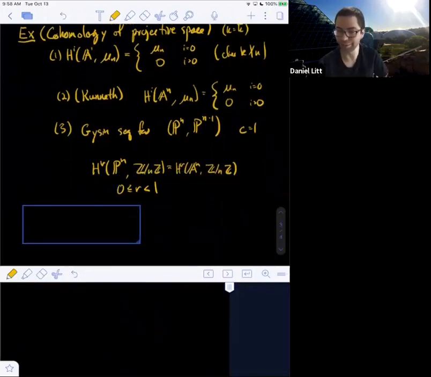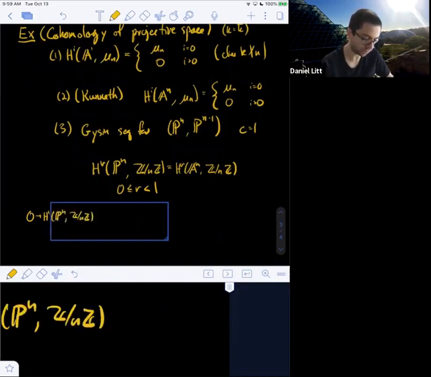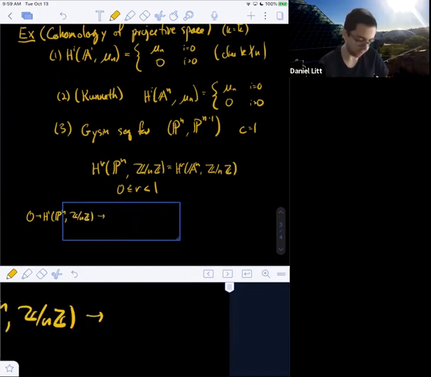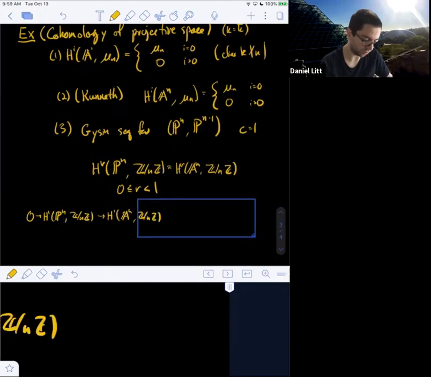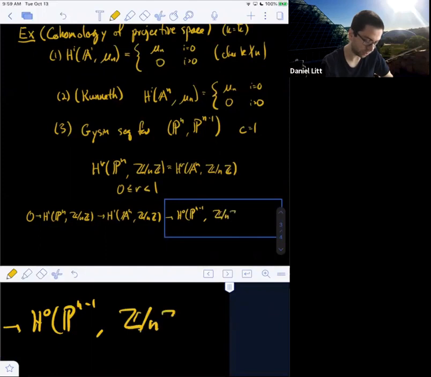And then we get a long exact sequence, which goes from 0 to H 1 of P n with coefficients in Z mod n Z to H 1 of affine space with coefficients in Z mod n Z to H 0 of P n minus 1 with coefficients in Z mod n Z of minus 1, right?